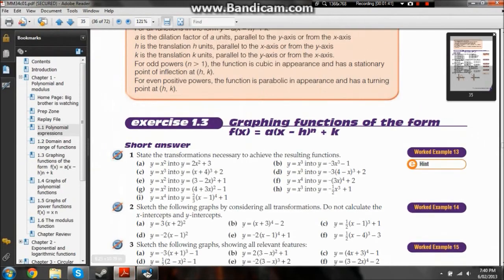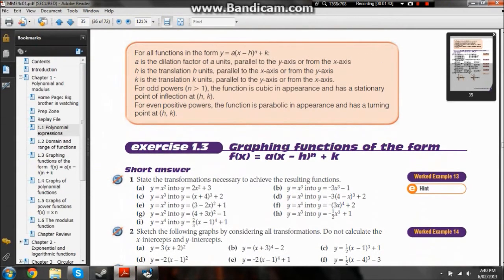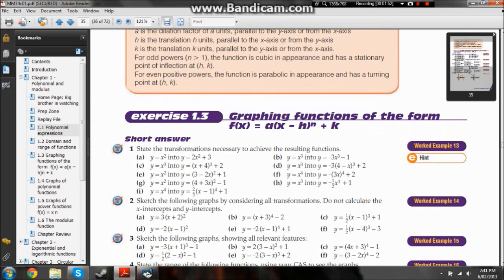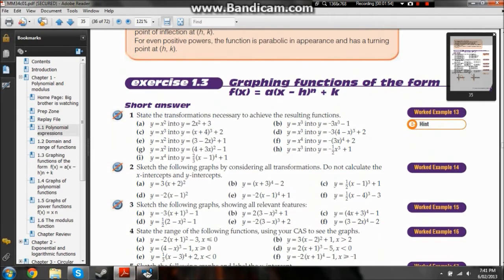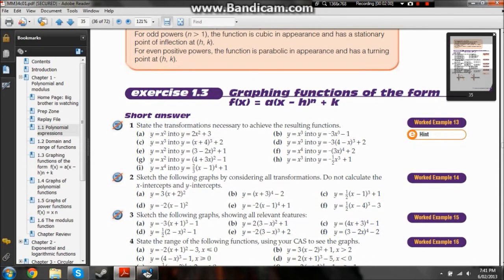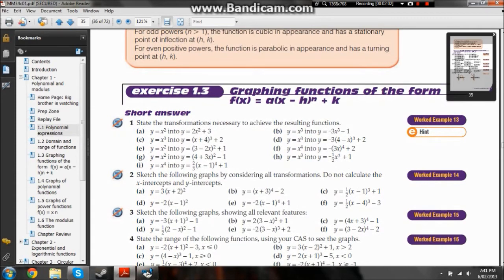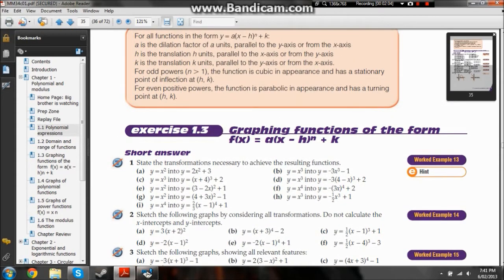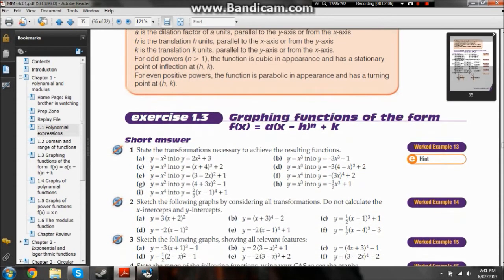That is the a part, the dilation factor of a units parallel to the y-axis or from the x-axis. So it's getting steeper away from the x-axis or towards the y-axis. All you need to write is that it's being dilated by a factor of 2 from the x-axis or parallel to the y-axis, and then it's been moved 3 units away from the x-axis. That's what the plus 3 means.